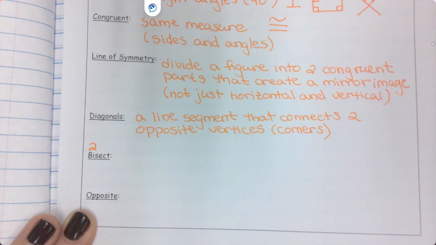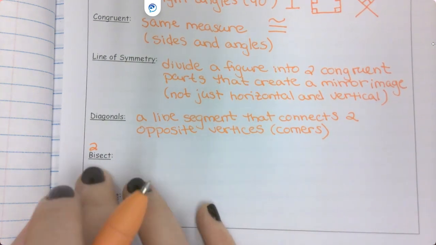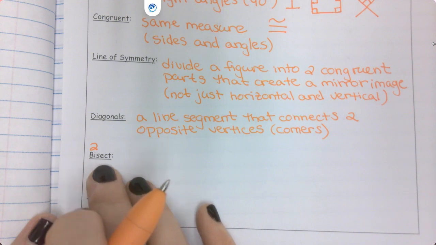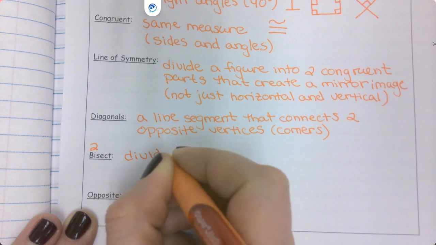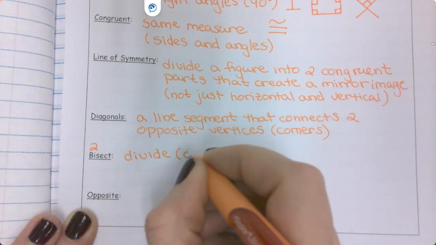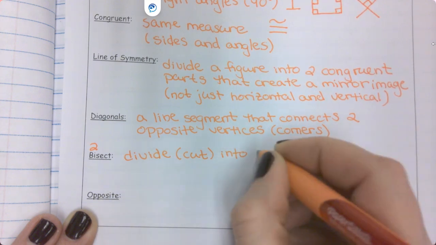But you can also think about dissect, which means like to cut or to cut something open. So if something is going to bisect a shape, it is going to divide or cut it into two equal parts.